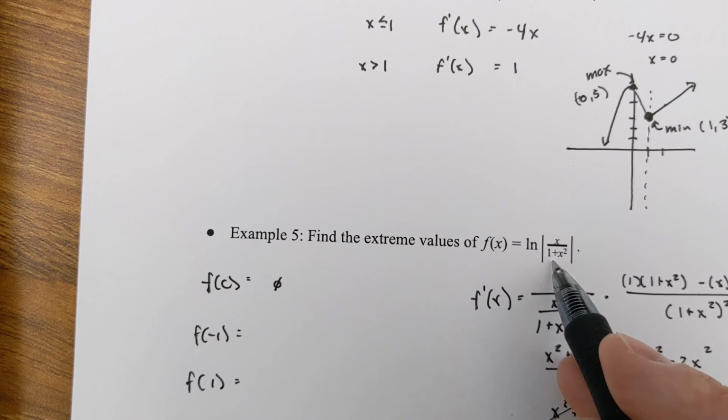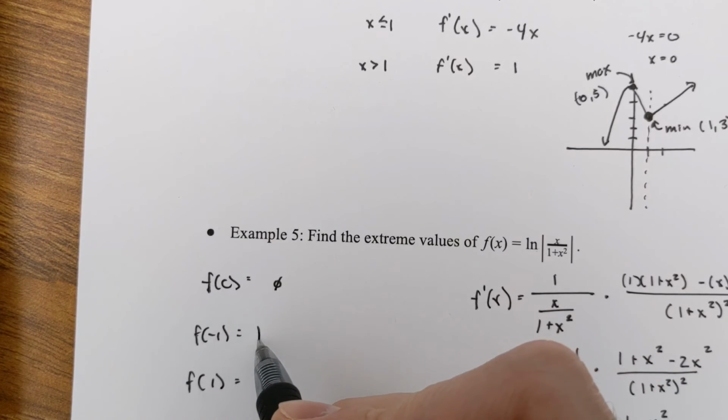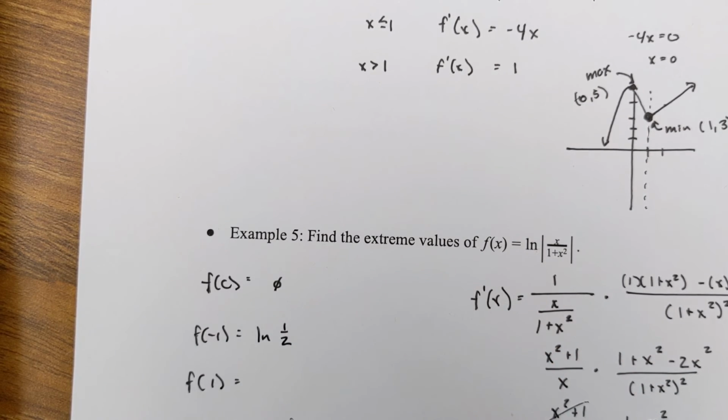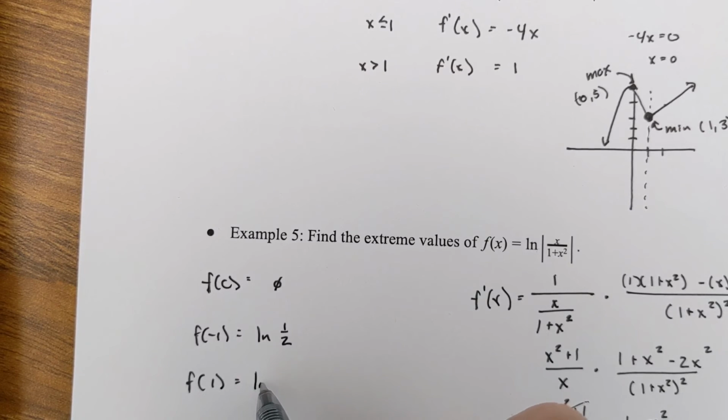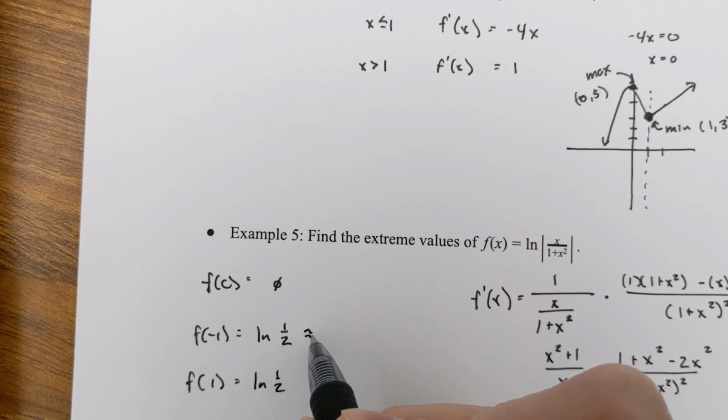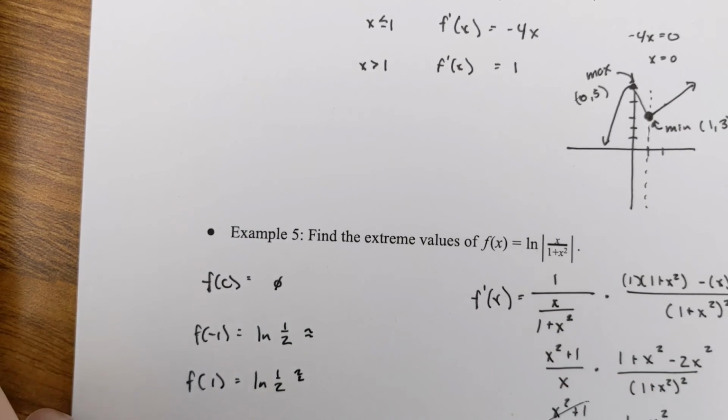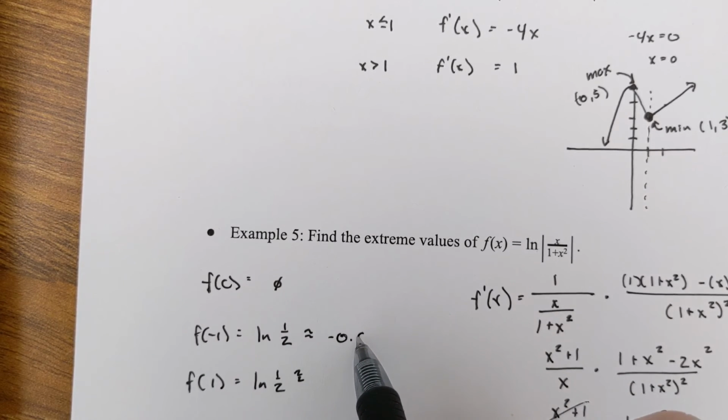On the bottom I would have 2, but absolute value, so this would just be the natural log of 1/2. And when x is 1, I'm going to get the same thing, the natural log of 1/2, which, if you want the decimal, ln 0.5 is about -0.69.